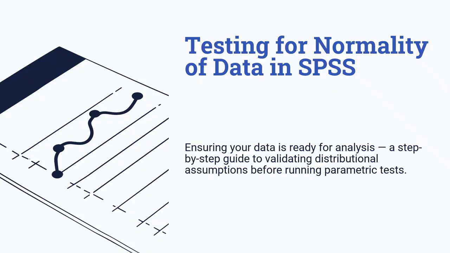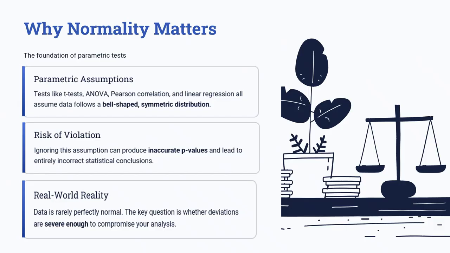Now that we've introduced the idea of testing for normality, let's talk about why normality really matters in statistical analysis. Parametric tests like the t-test, analysis of variance, ANOVA, Pearson correlation, and linear regression are built on the assumption that your data follows a bell-shaped, symmetric distribution.